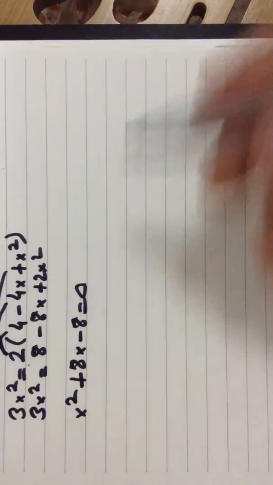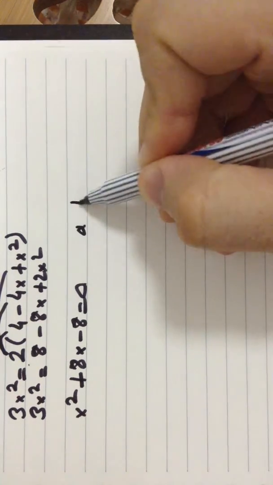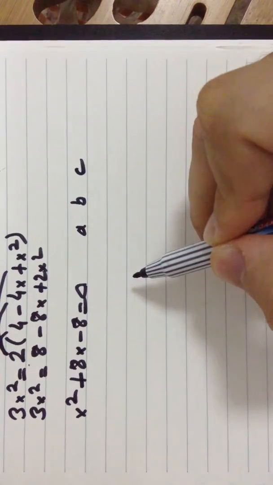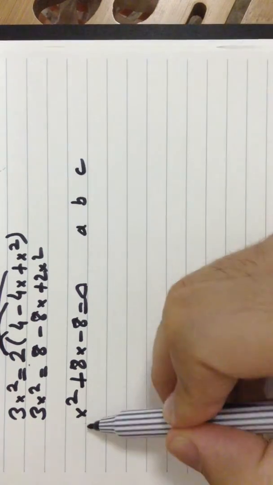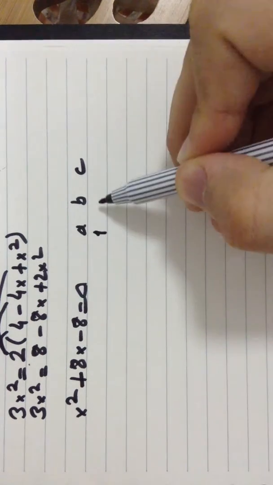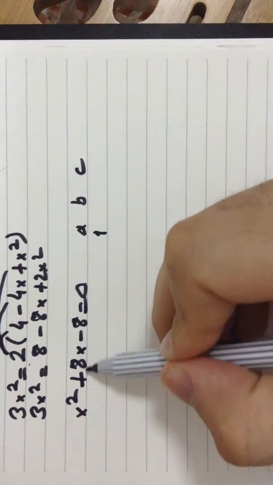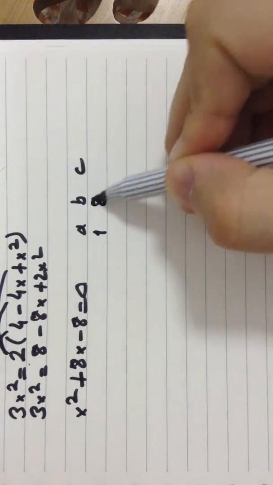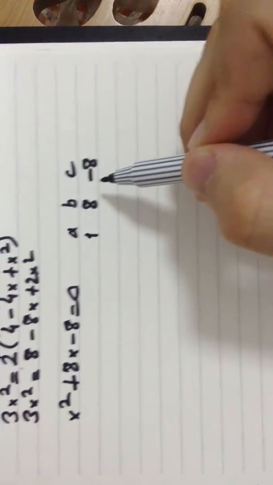the quadratic equation root formula. We need to define a, b and c. When you look at this equation, a is the constant number at the beginning of x squared, which is 1, and b is the constant number of x, so you will write 8. For c, you will write minus 8.